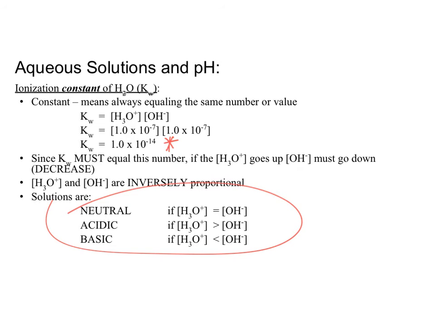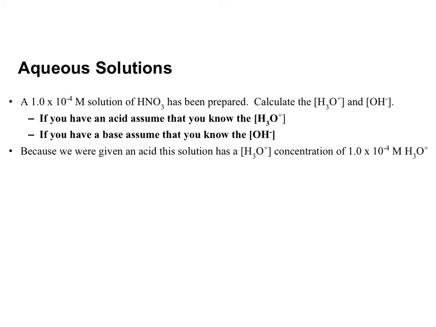Now, aqueous solutions and calculating hydronium ion and hydroxide ion concentration are not difficult math, but they're just something that we need to work through. So if I tell you that you have the strong acid HNO3, what about it makes it a strong acid? The hydrogen makes it an acid, but what about it makes it a strong acid?